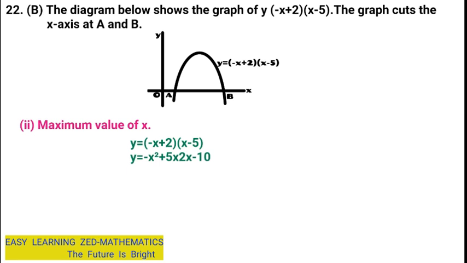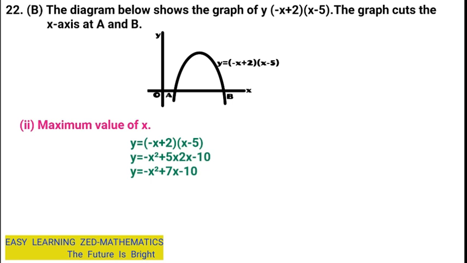Then y is equal to negative x squared, then 5x plus 2x gives me 7x, then negative 10 at the end. As you can see, I have done nothing to negative x squared and negative 10.